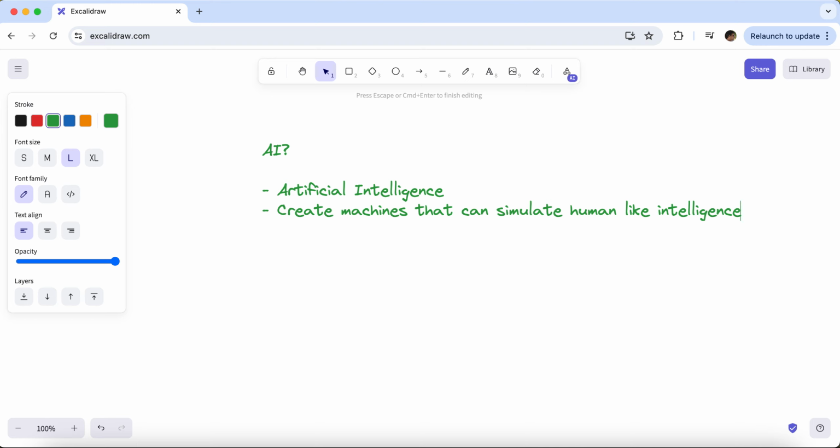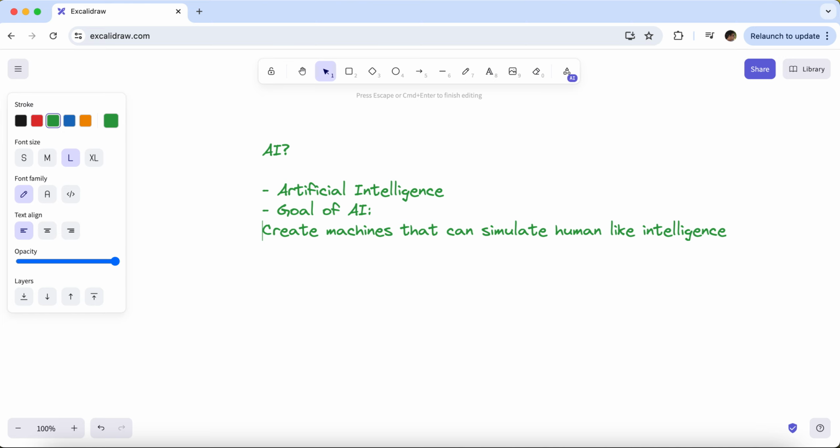So basically, at this point in time today, we are far away from the goal of AI, because the goal of AI is to create machines that can simulate human-like intelligence. The way I think about it is we are very far from achieving this particular goal.